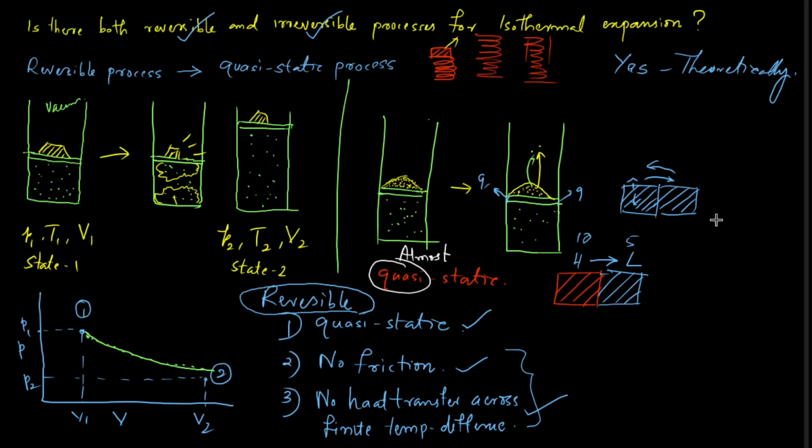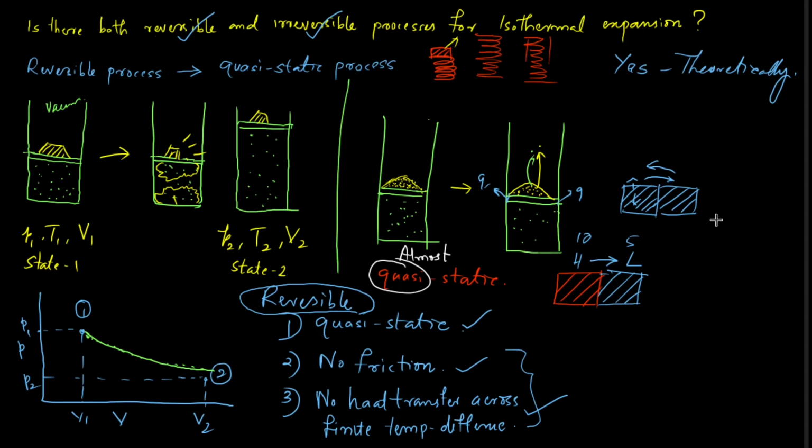In the isothermal process, we have assumed that PV is equal to constant. We know that PV is equal to mRT, so constant temperature means PV equal to constant. That doesn't have anything to do with reversibility or irreversibility. Whether it is reversible or irreversible, that is true.